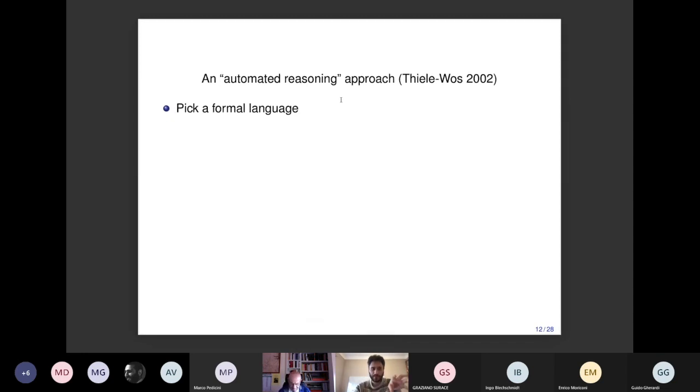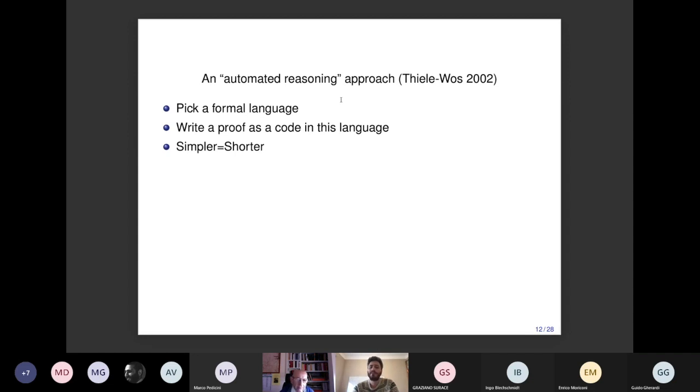So you pick a formal language and you write the proof as code in this language, and you just say that a proof is simpler if it's shorter. And this can be a way to approach the problem.